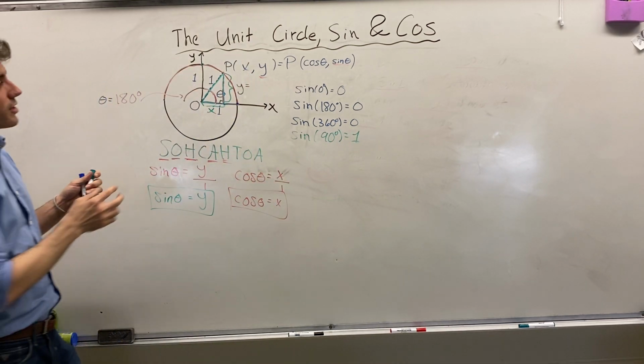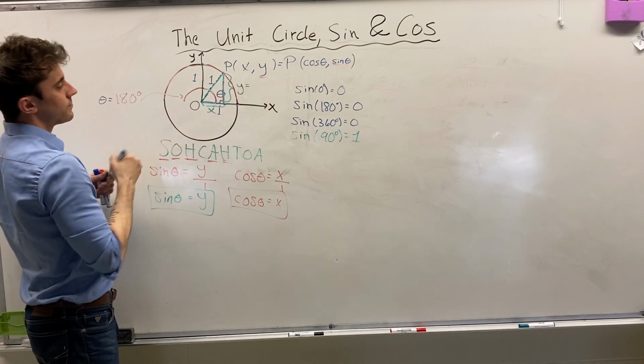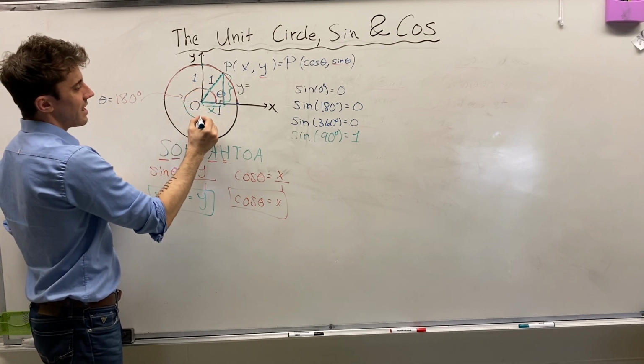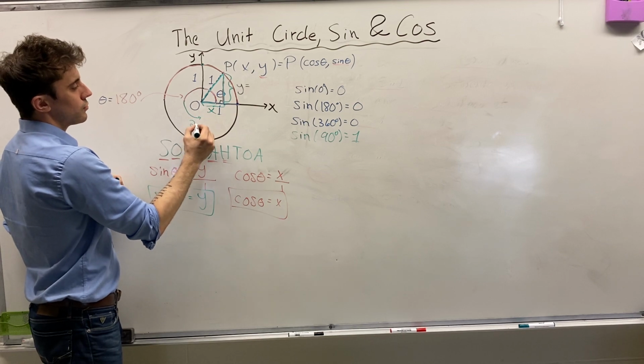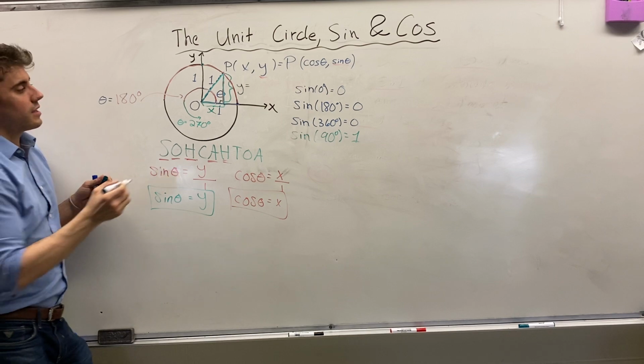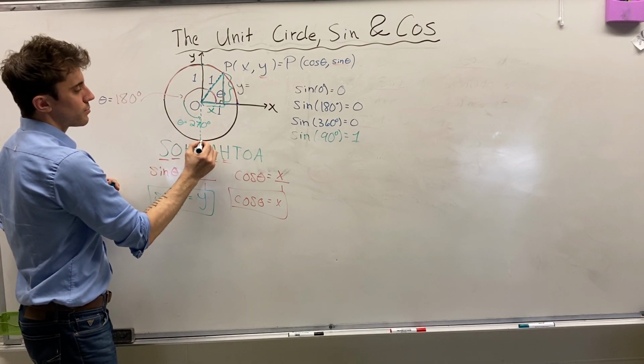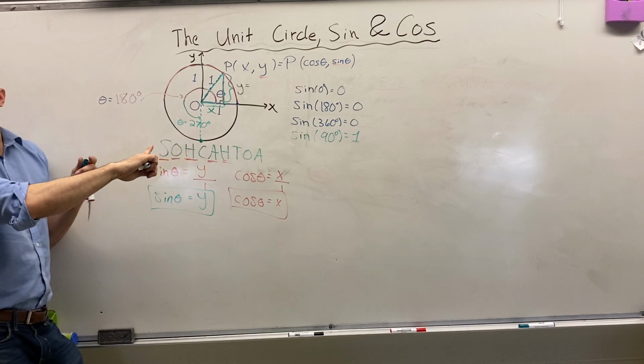And then by a similar argument, if we kept going through 90, 180, and finally down to 270 degrees for theta, now our point P would be at the lowest point on the unit circle.